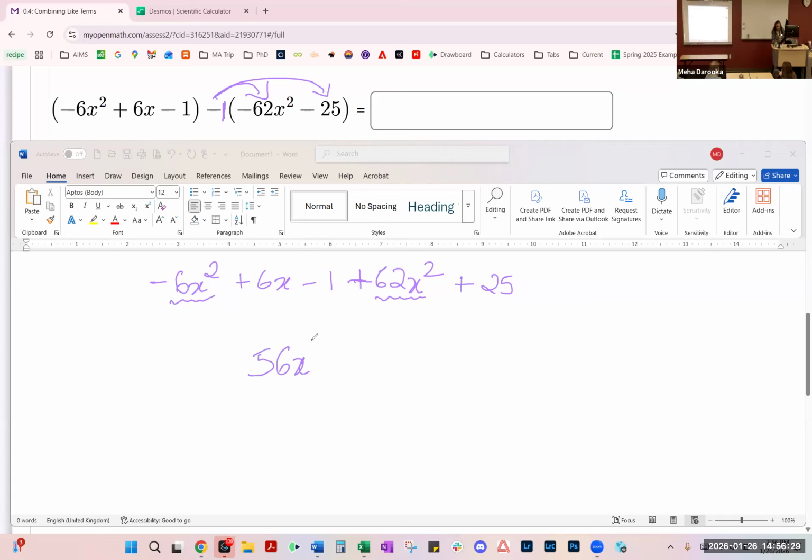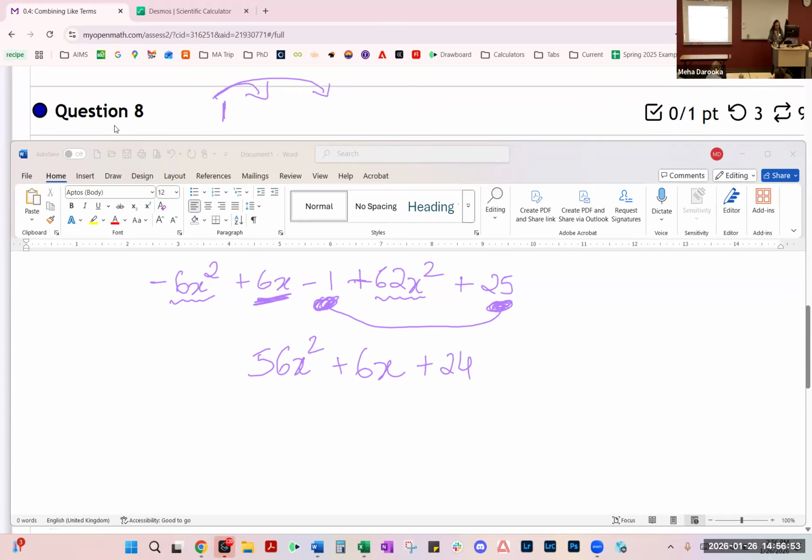Very good, positive 56x squared. There is nothing to go with the positive 6x, so we will keep him as it is. And then, of course, you will see we can combine the negative 1 with the positive 25. So what will that give us? Positive 24. Very nice. All right, very good, guys.